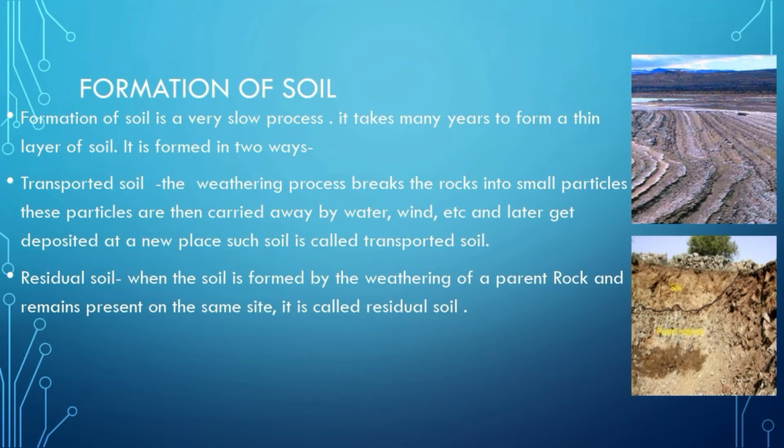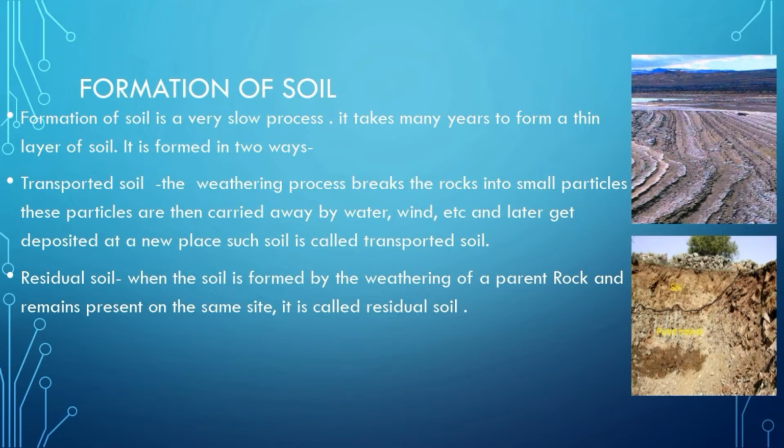Again I am going to repeat that in the weathering process, when the rock breaks into small particles, these particles are carried away by water, wind, etc. and later get deposited at a new place. Such soil is called transported soil.